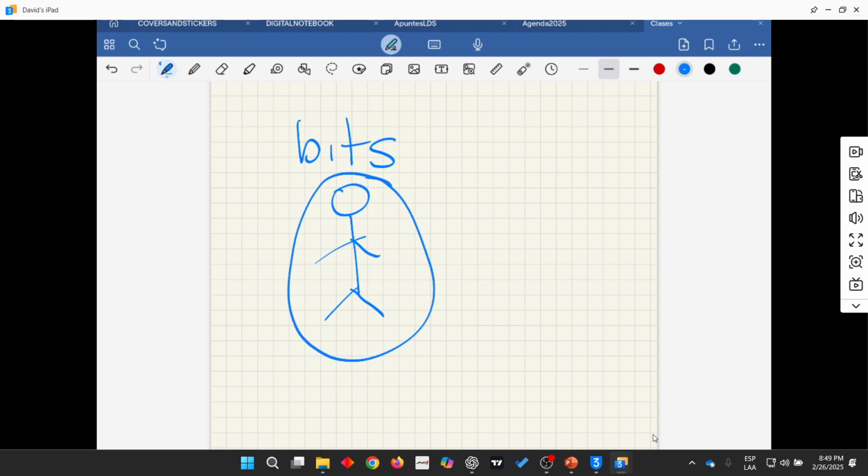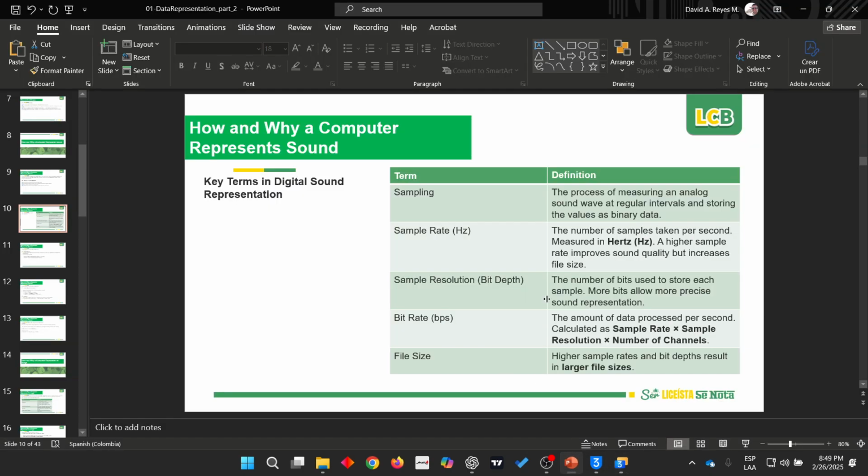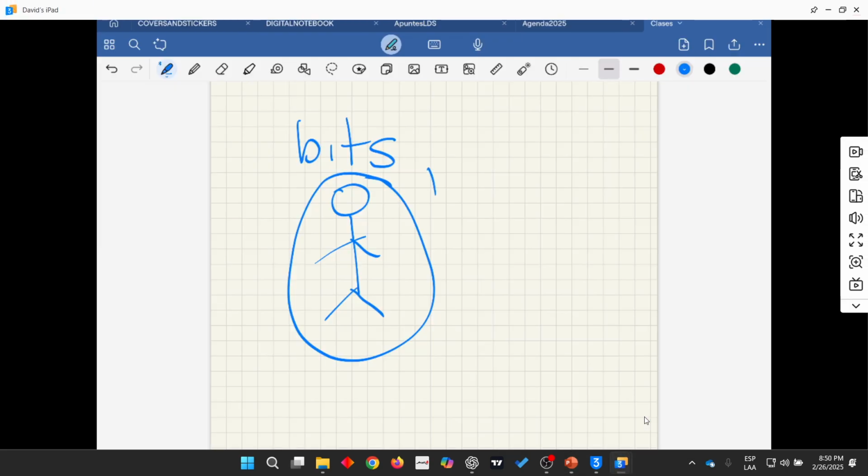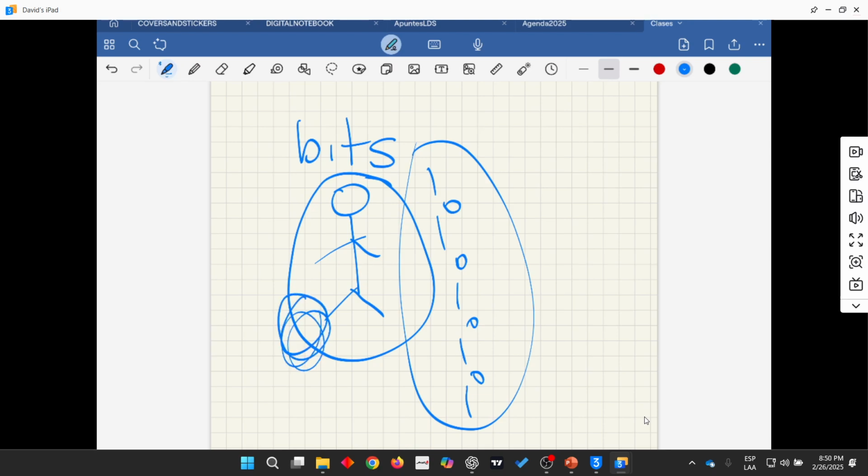That is the sample resolution, bit depth. Okay. So more bits allow more precise sound representation. So if I use a lot of bits in these images, and remember that the bits could be ones and zeros, the more bits I use in this sample, the better the representation of the sound is going to be.